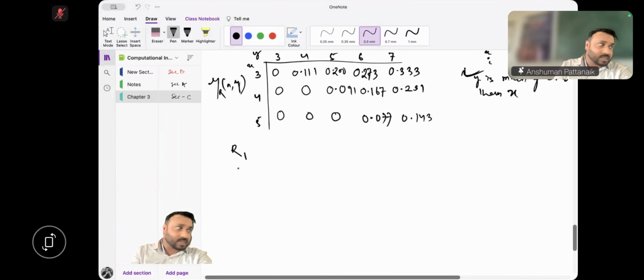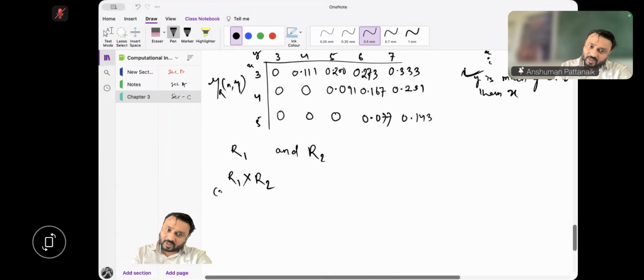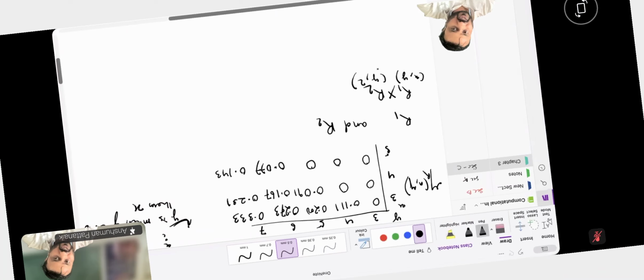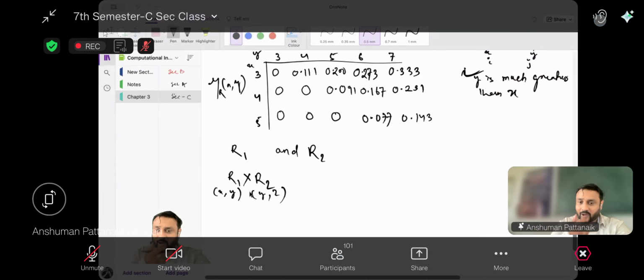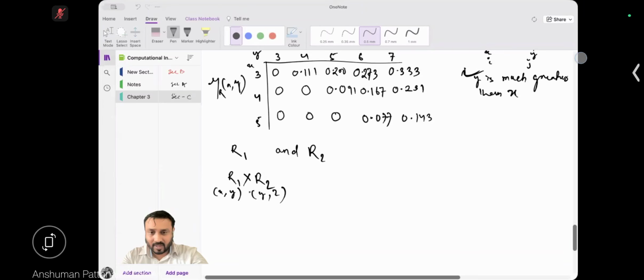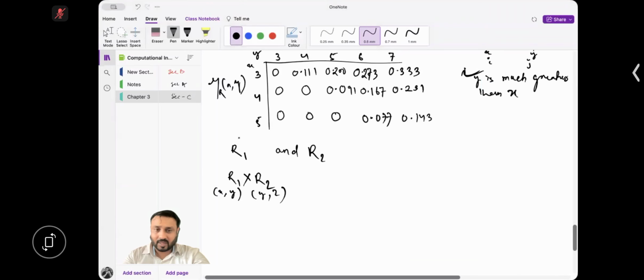Let's say I have one relation R1 and another relation R2. If I want to write R1 cross R2, that means what? R1 will be a relation of X and Y, similarly R2 will be a relation of Y and Z. If both are given, I have to find the relation between them.